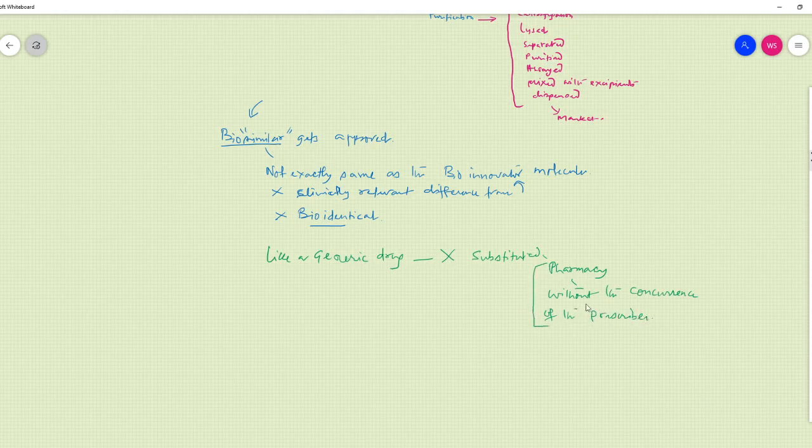It cannot be substituted without the concurrence of the prescriber.